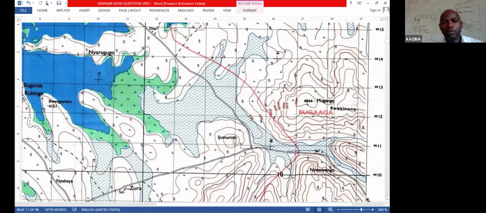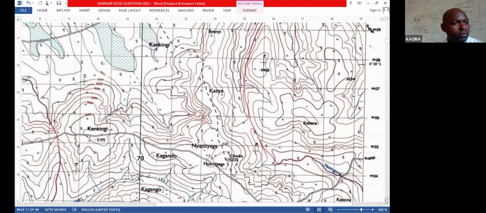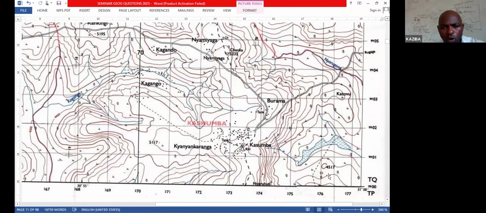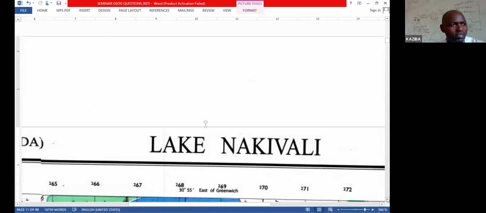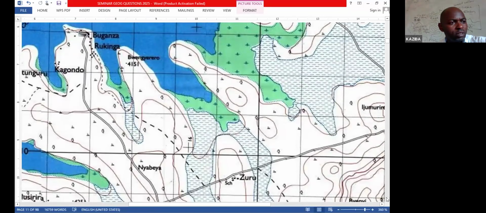Then we look at rivers. Are you seeing that river there, that river with the blue water?